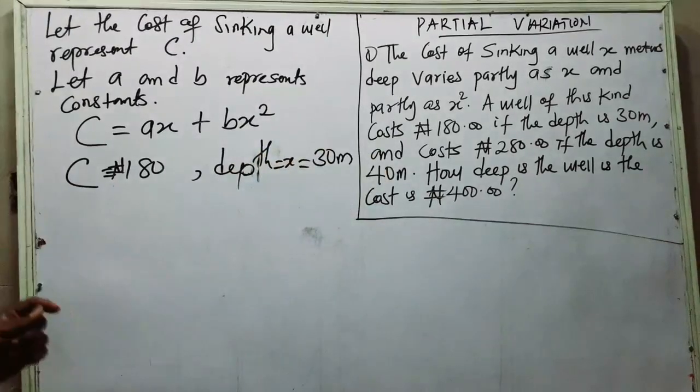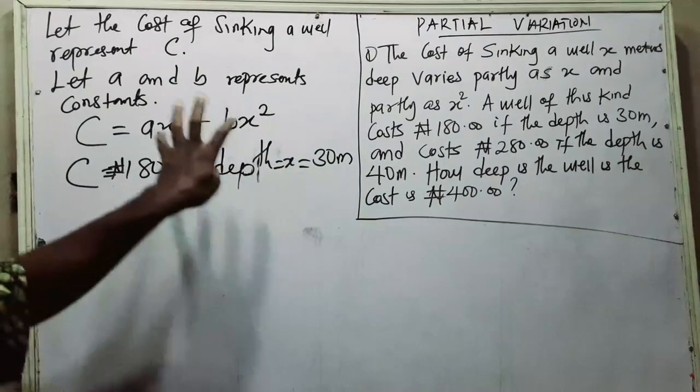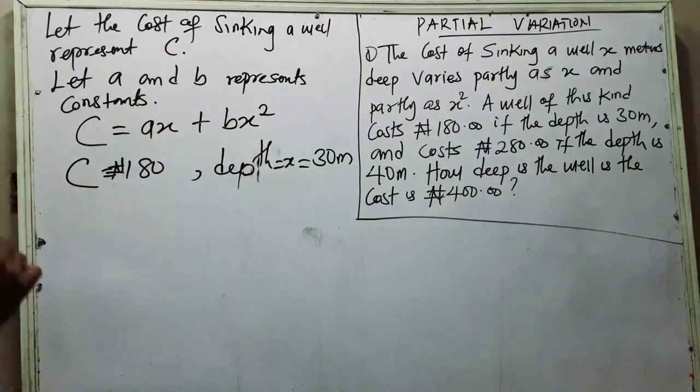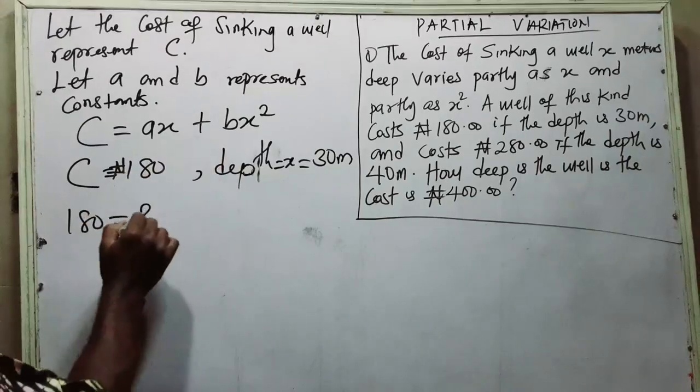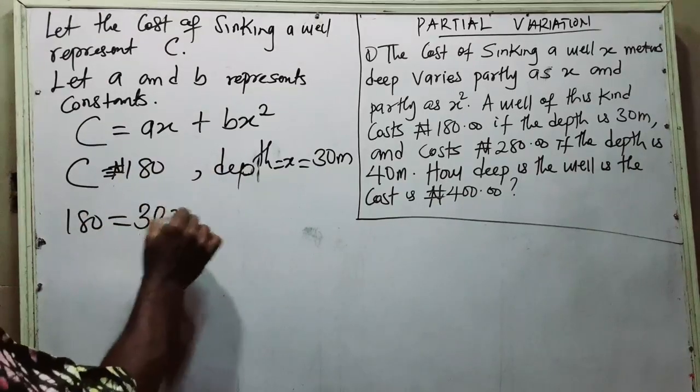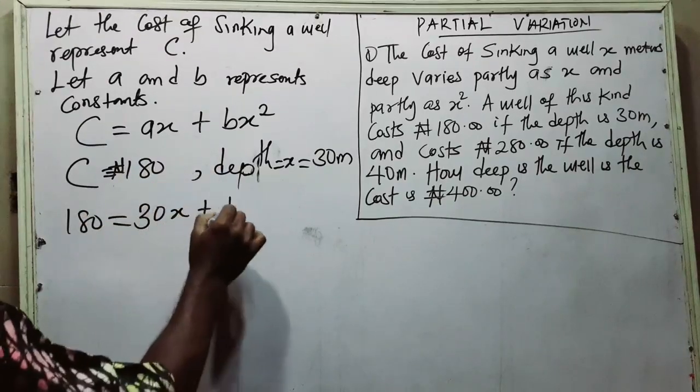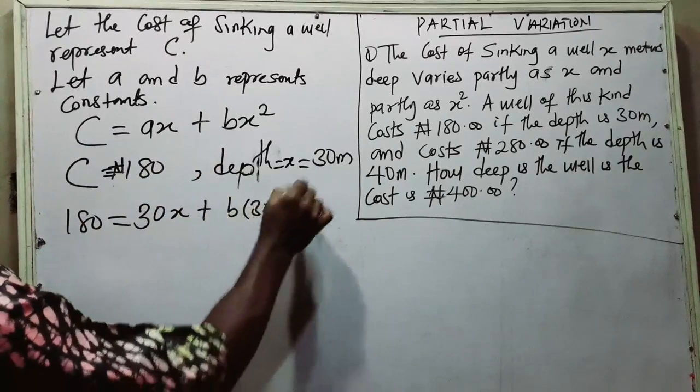So let's substitute the two values into this equation: 180 is equal to a times 30 plus b times 30 squared.